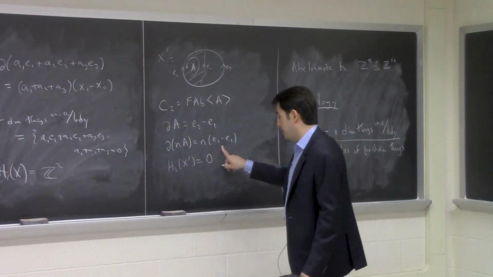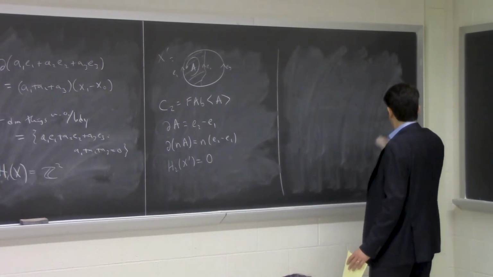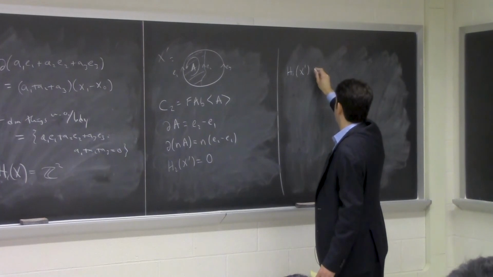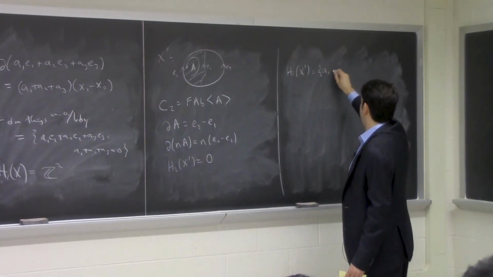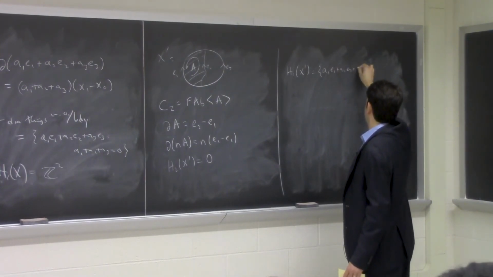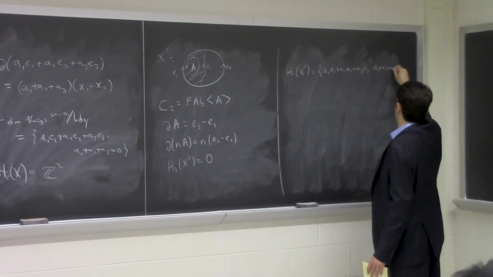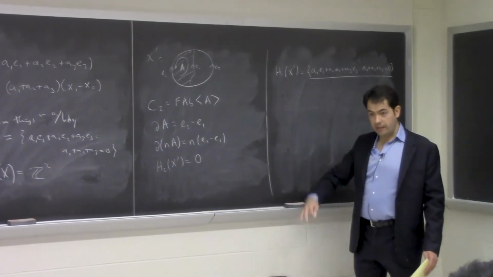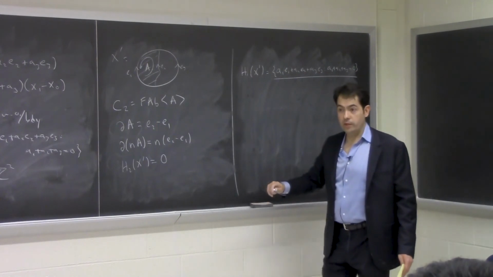On the other hand, H1 would change. So the one-dimensional things without boundary, that's still going to be A1 E1 plus A2 E2 plus A3 E3. But now, if I mod out by the boundaries of two-dimensional things, I have to mod out by this E2 minus E1.